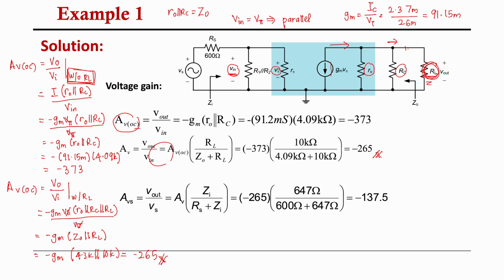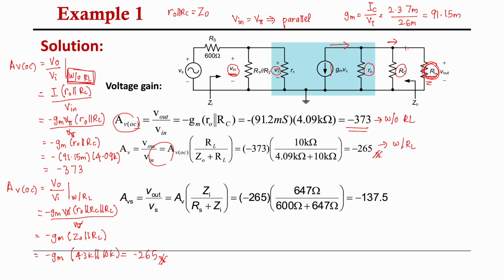So the first answer here is without RL, right? But we want to calculate with RL. So if it is with RL, then you have to include the value of RL. Okay. Next, the question asks about the AVS.